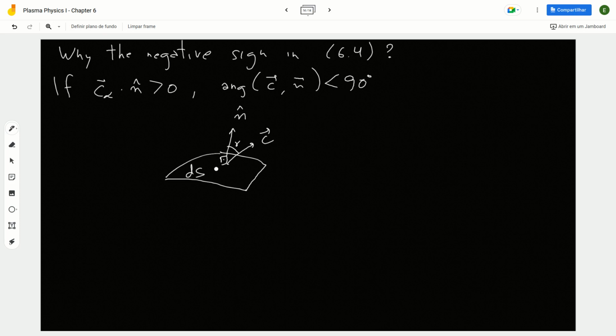In this case, the particle is going outward from the closed surface, and it's transporting the fluctuation momentum outward. So the momentum inside S is decreasing, right?